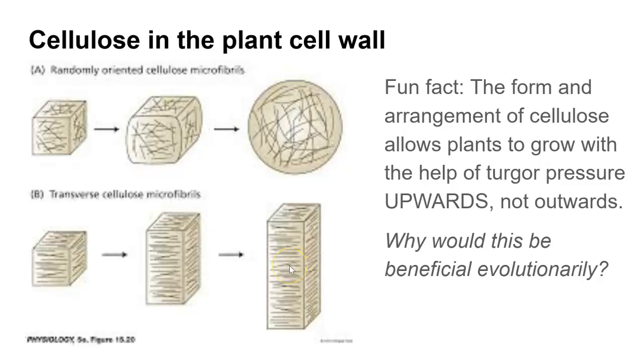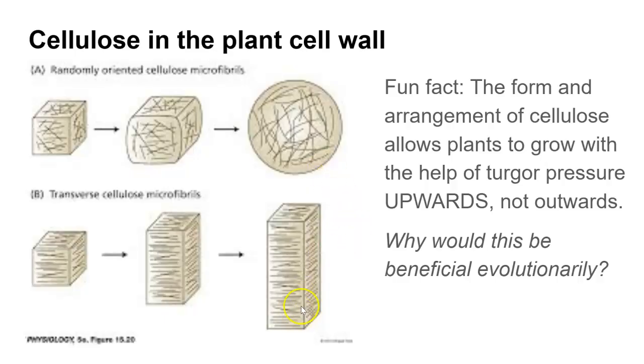Now, why would this be important? Well, plants need to grow upwards to get to the sun before their neighbor does, or they will be shaded and they will die. So any plant that was lazy enough to just let its fibers kind of arrange themselves like that, they're not going to get very far in life.